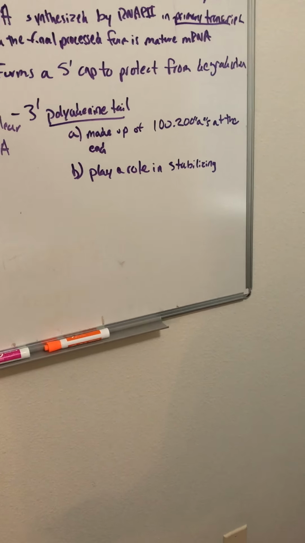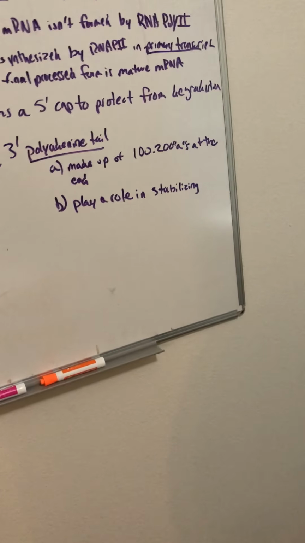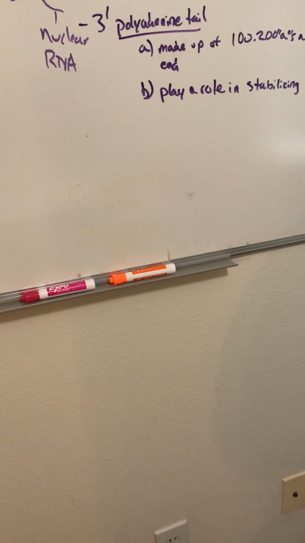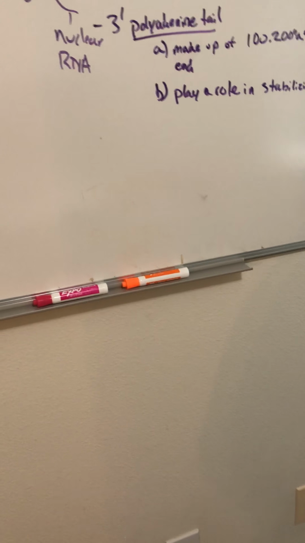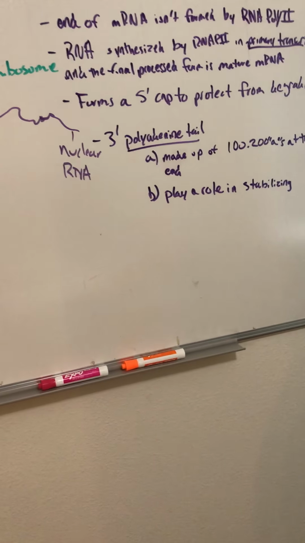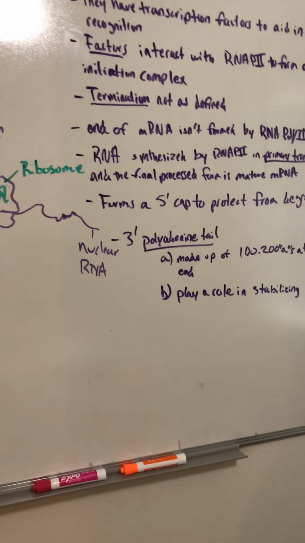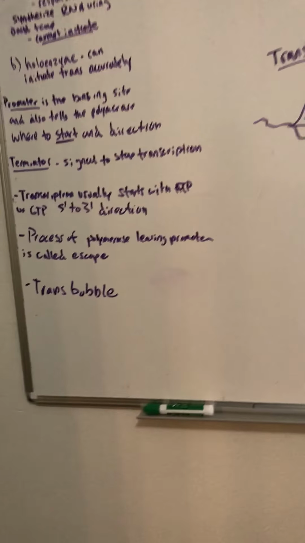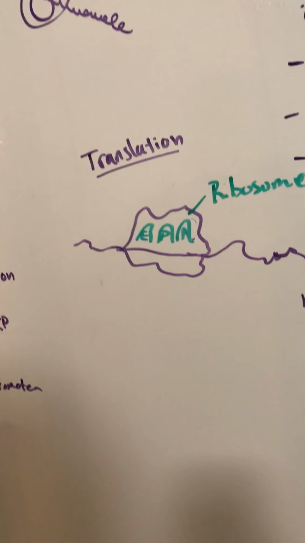This is made up of about 100 to 200 adenines, or A's, at the end, and they play a role in stabilizing the RNA and preventing degradation, just like the 5 cap, and that makes it very different from prokaryotes.